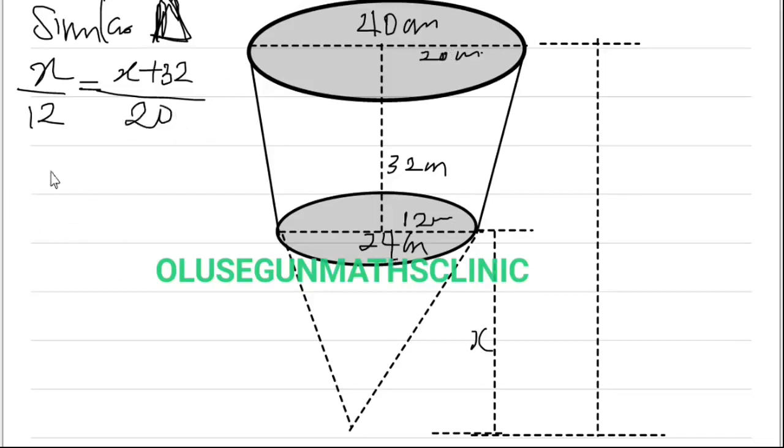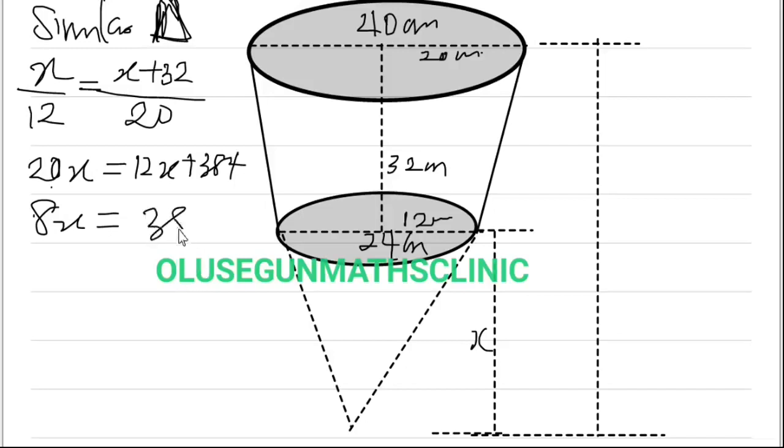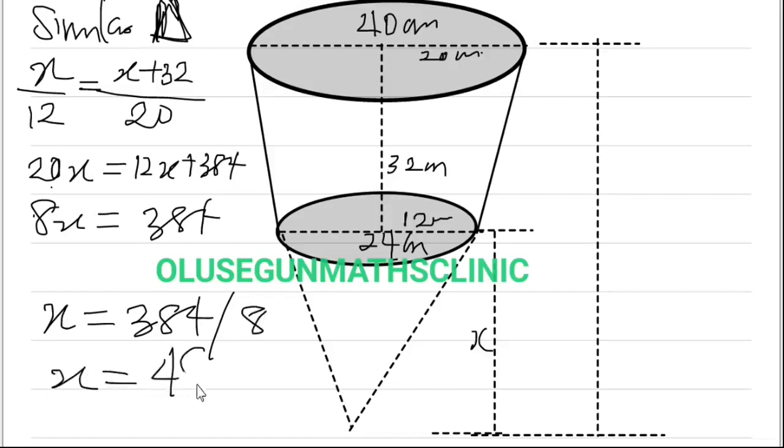So let's cross multiply to have 20x equal to 12x plus 384. Let's subtract to have 8x equal to 384. So our x is equal to 384 over 8, so x is equal to 48 centimeters.